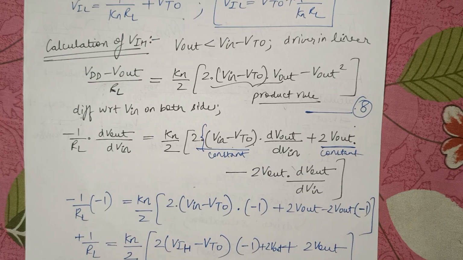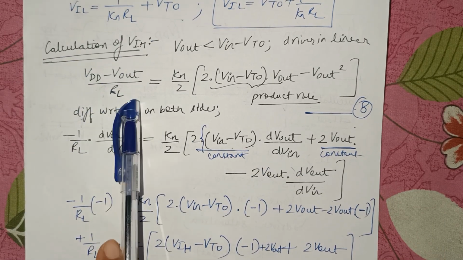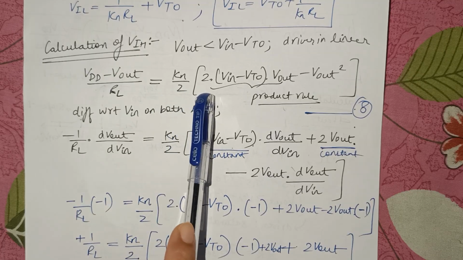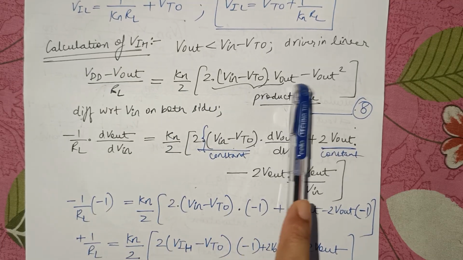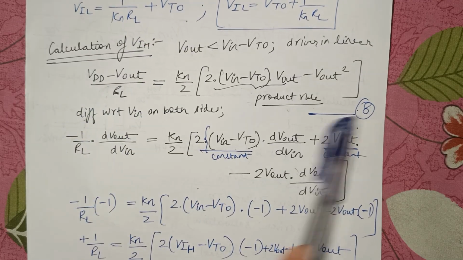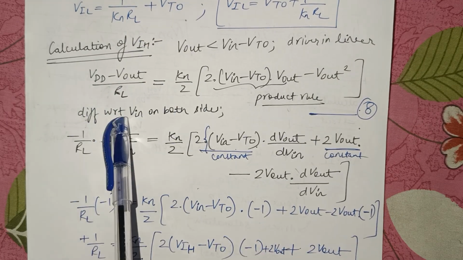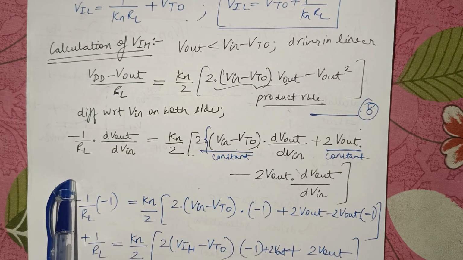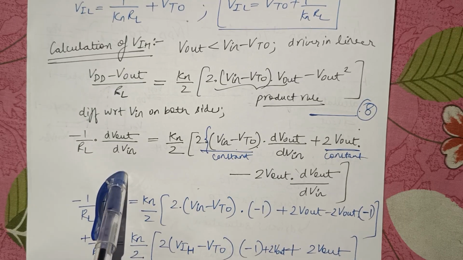So here again IR will be equal to VDD minus V out by RL, and it will be equal to Kn by 2 times (2 times (V input minus VTO) V out minus V out whole square). And when we differentiate this equation number 8 with respect to V in on both sides, we get -1 by RL dV out by dV in.